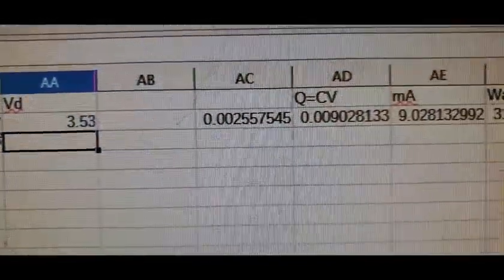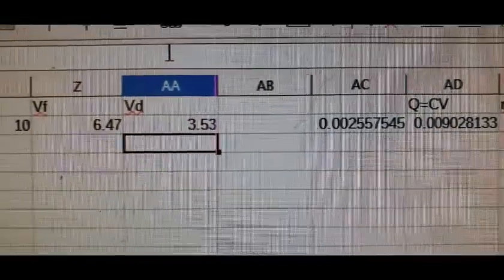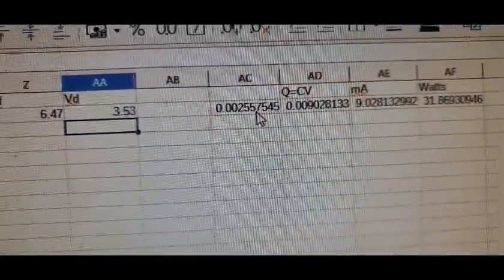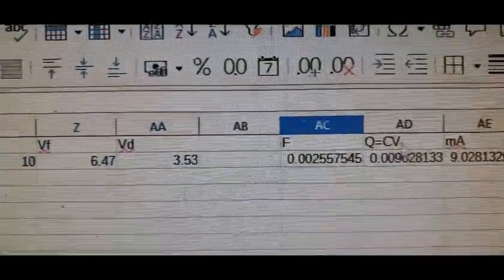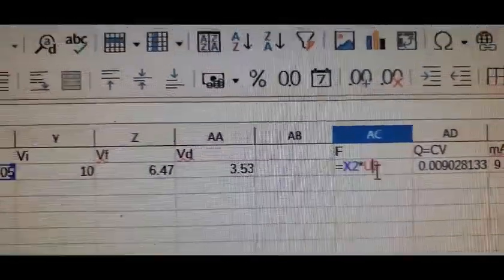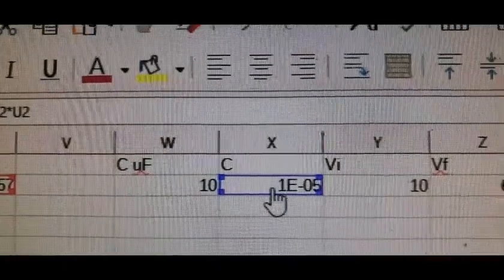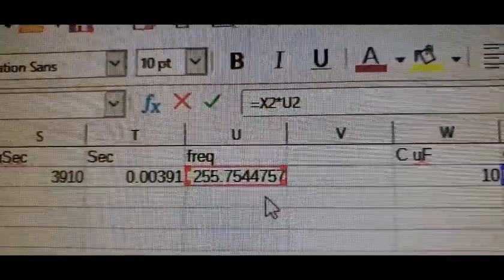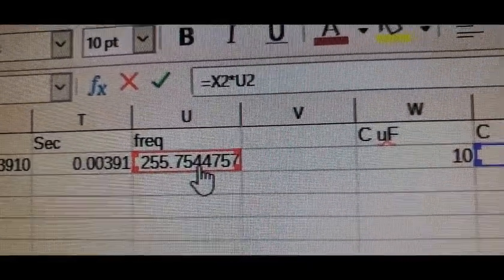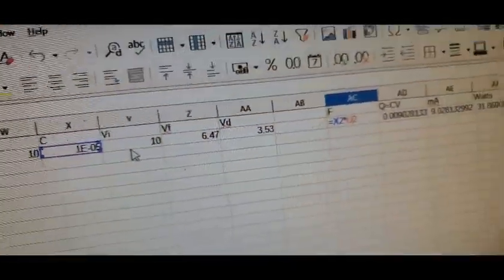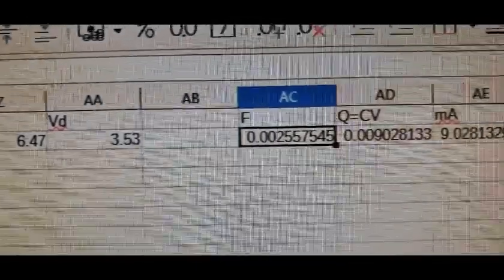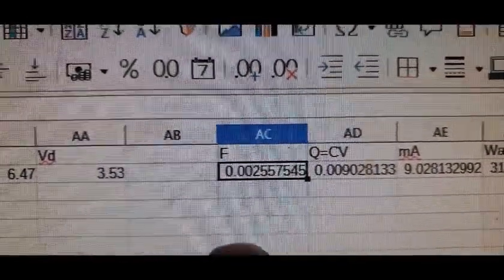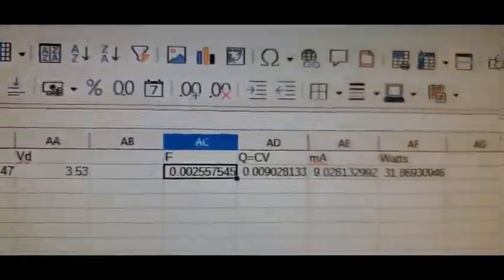Okay, so now we do the Q equals VC, and the first thing we do is we say that you have a 1.5 to negative fifth farad cap that discharges 255 times in a second. So it's the equivalent of a 0.00255 farad cap discharging once per second.